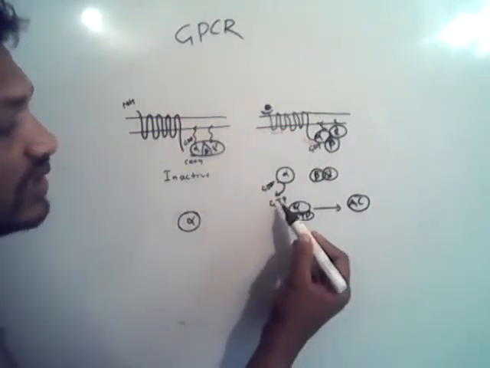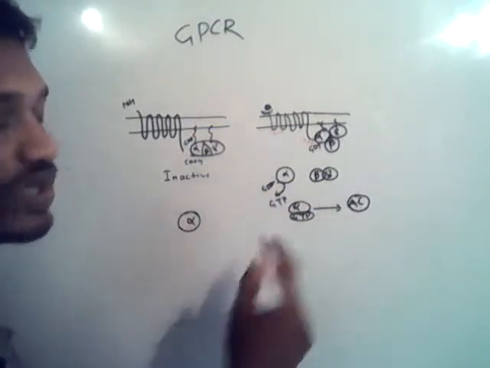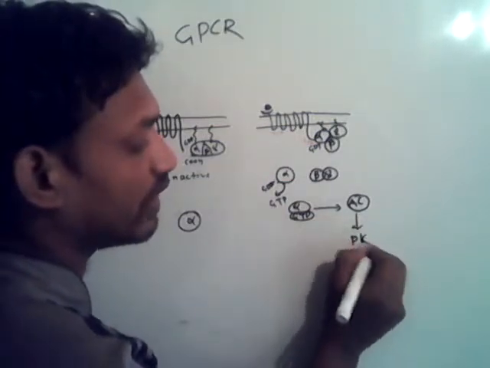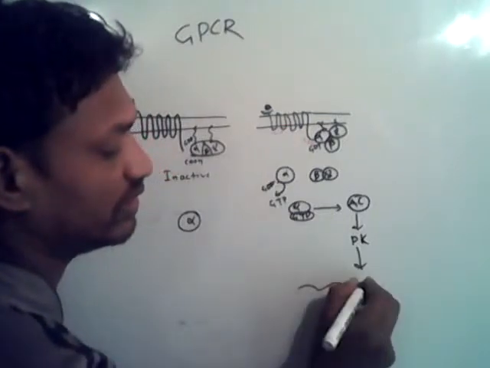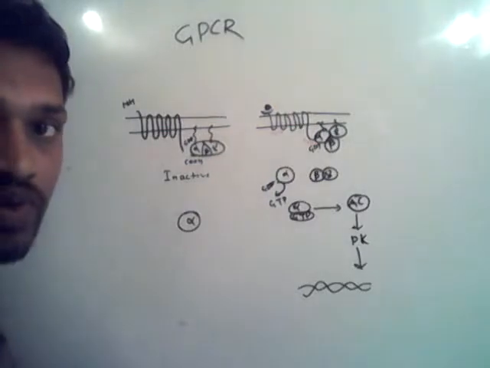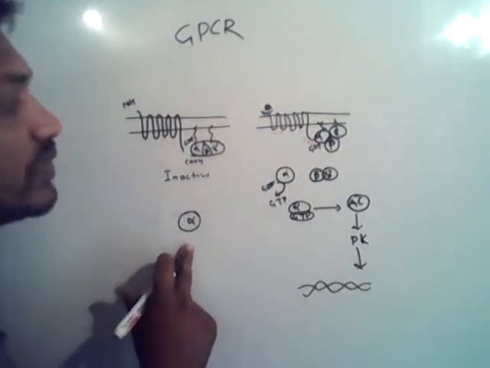GDP converts into GTP. Now the alpha goes to the adenylyl cyclase, which activates the protein kinase and induces gene transcription. In some cases, it depends upon which alpha protein is present.